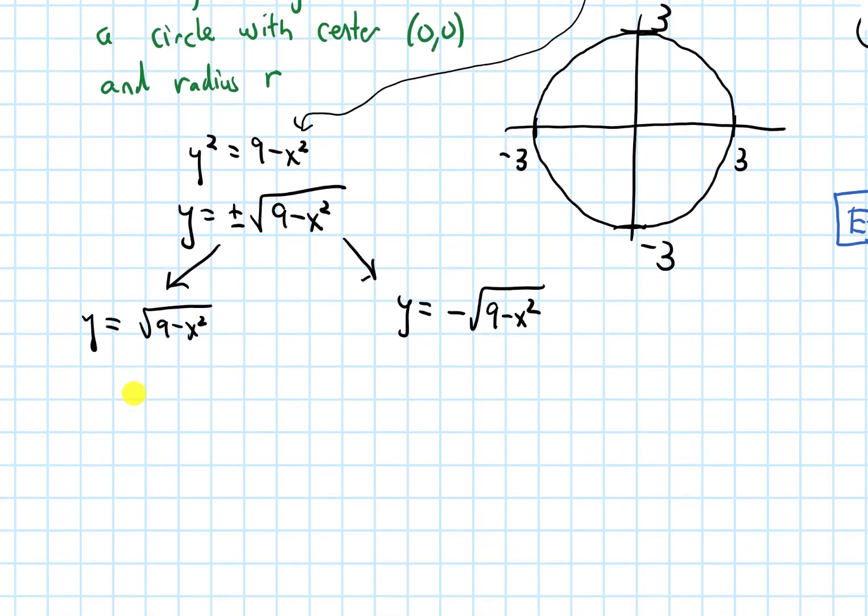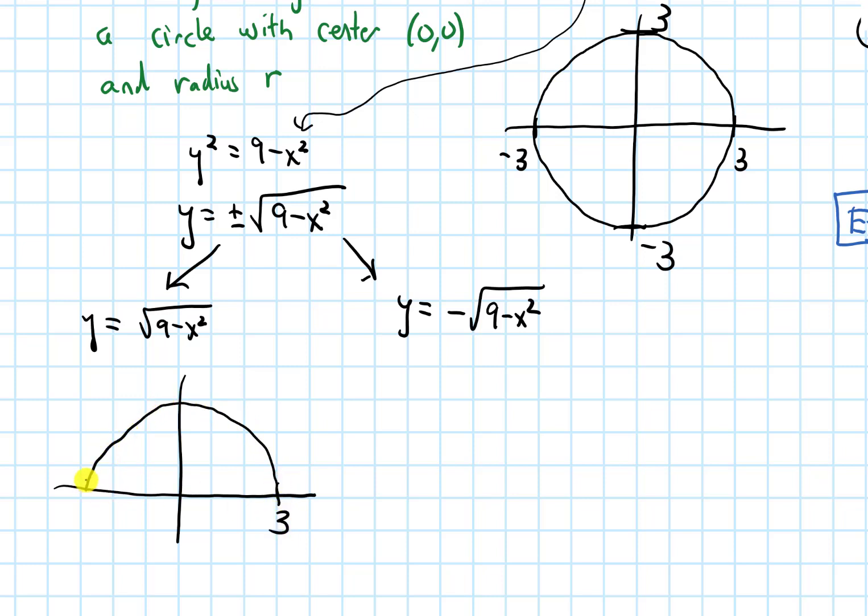Okay, and when I take the square root of something, the output will not be negative. It will be non-negative. That means with this equation, these y values are all non-negative, which means when I go to draw the graph, it's only going to give me the part of the circle that has y values that are non-negative. So that is just this upper semicircle.